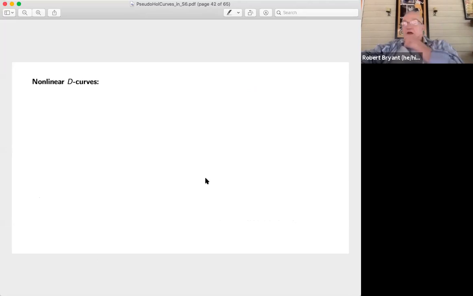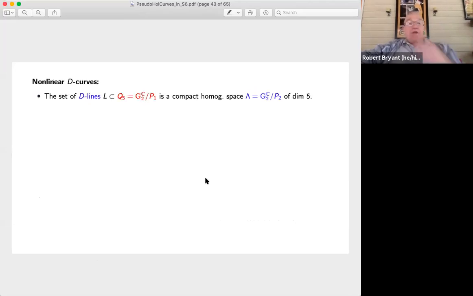So a few things to say about the nonlinear D curves. The set of D lines, that is lines in Q5 that are tangent to the distribution D, is actually a compact homogeneous complex manifold of complex dimension 5, because it's G2C modulo a maximal parabolic.